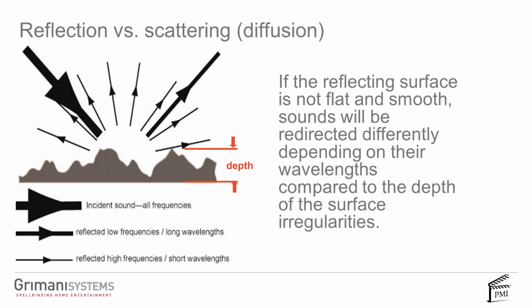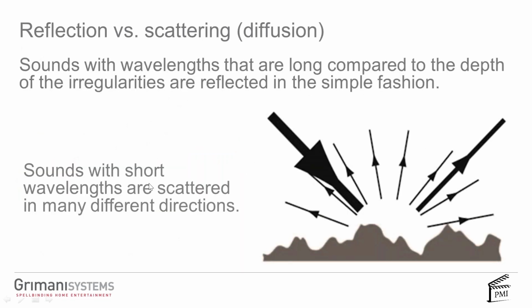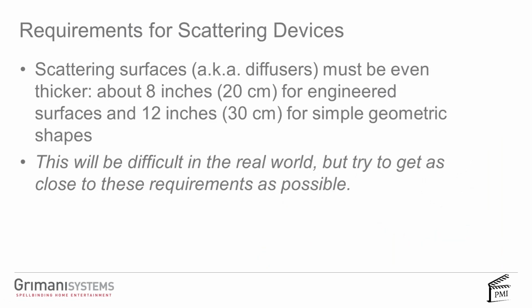It has an even distribution. The depth of this material is going to determine how low of a frequency the material works to. A very thin material is going to work for short wavelengths. A thicker or deeper material is going to work to longer wavelengths.